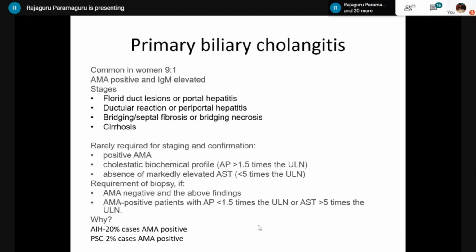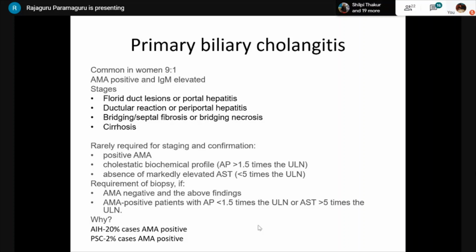Then going on to primary biliary cholangitis, you will all know that PBC is more common amongst women, about 9:1. AMA is positive in about 90 to 95% of cases, and IgM is elevated. When you take autoimmune hepatitis, it will be IgG. Here it is IgM.